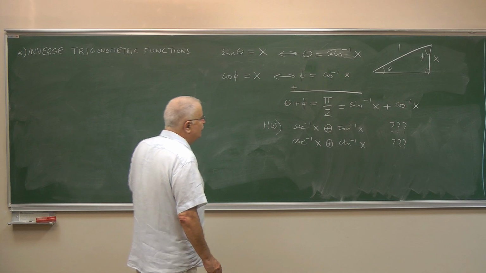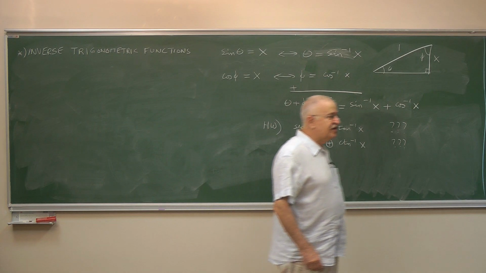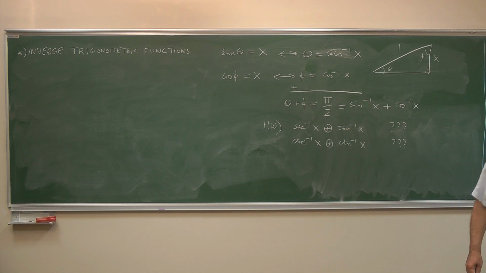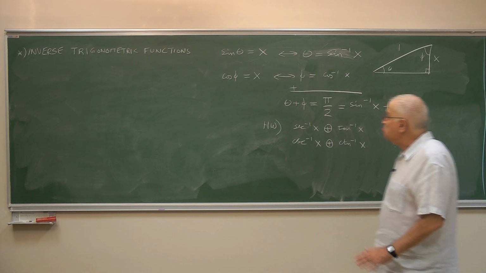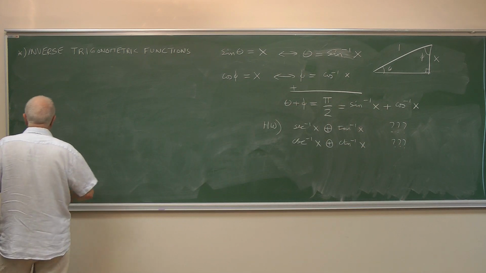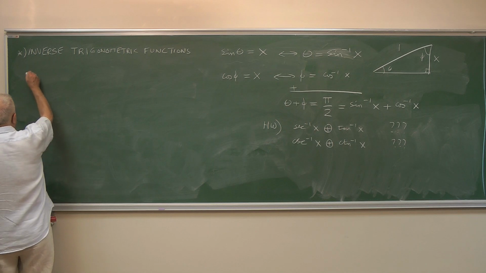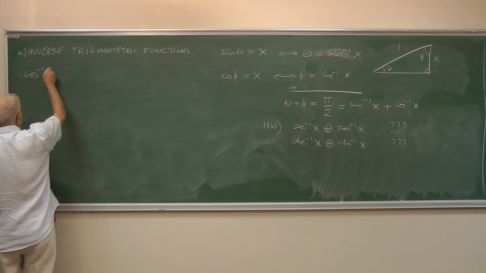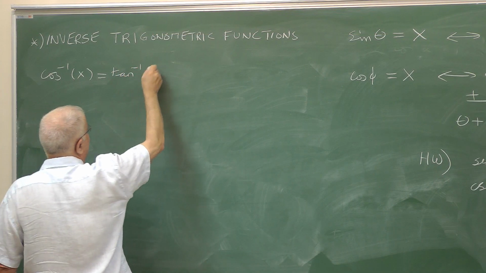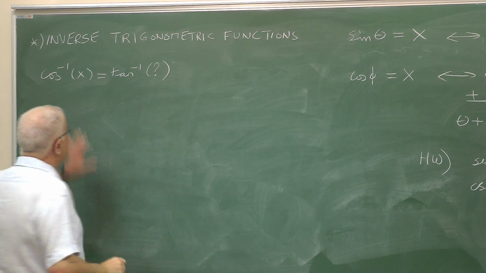Now it is very, very important to be able to express inverse trigonometric functions in terms of each other. Let me pose a question first. Cosine inverse x equals arctangent what is my problem?